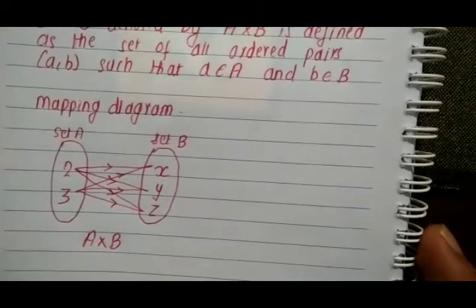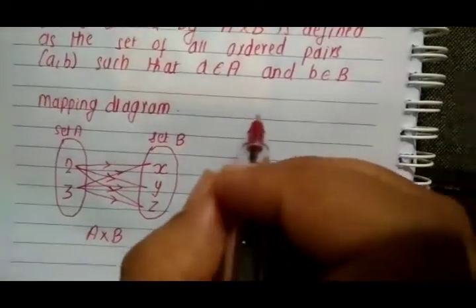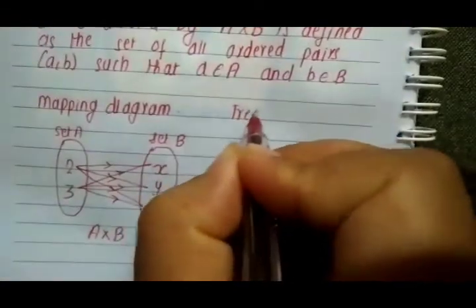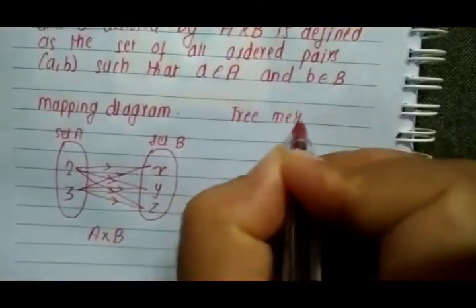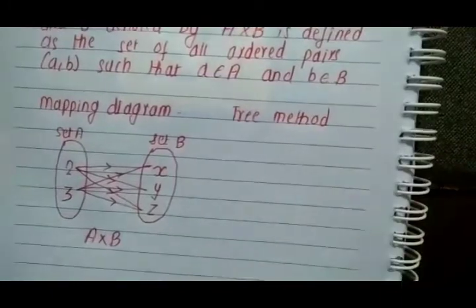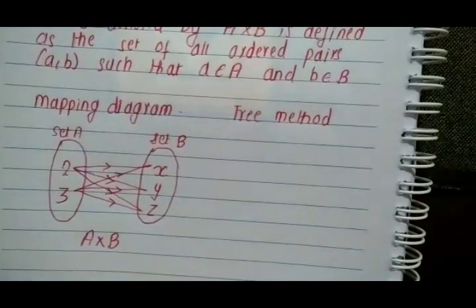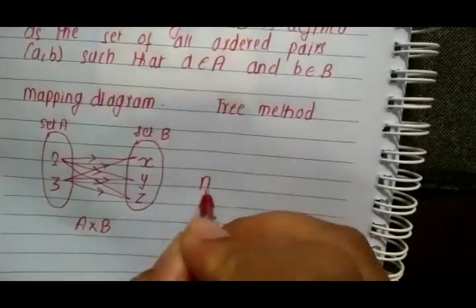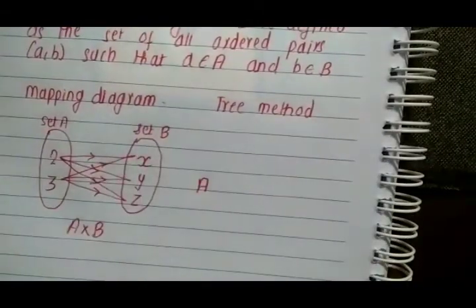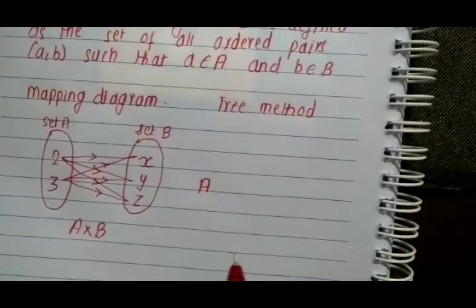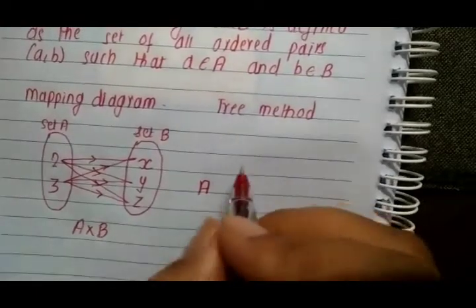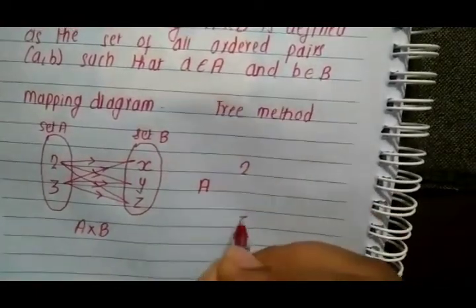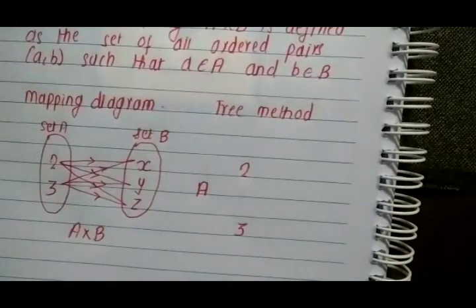Likewise, there is another type that we call the tree method. What is the tree method? By the sound, it is a tree. So first, watch carefully. At the left-hand side, we will write the elements of set A, that is 2, 3, maintaining a few gaps.